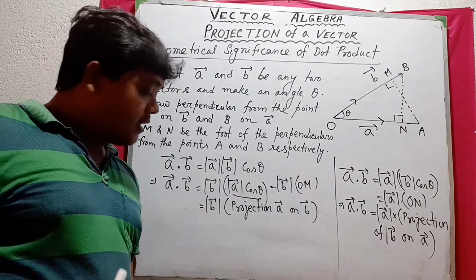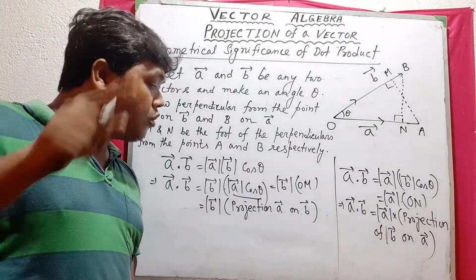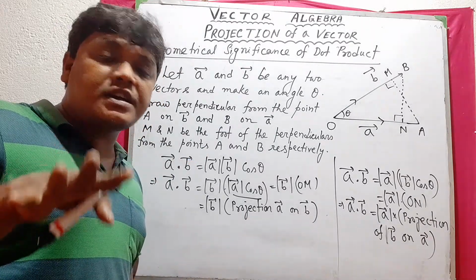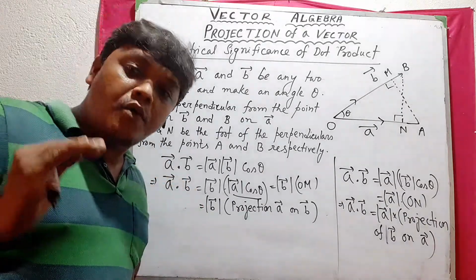So A dot B means the modulus of B and the projection of A on B. Another way, by A dot B, the modulus of A and the projection of B on A vector. We can say it this way as well.